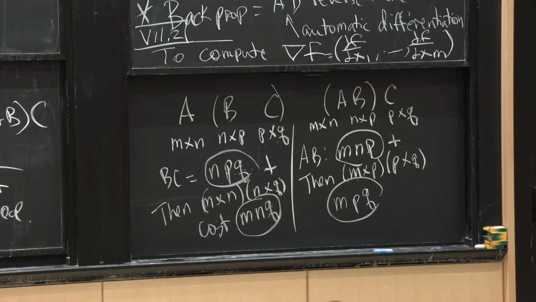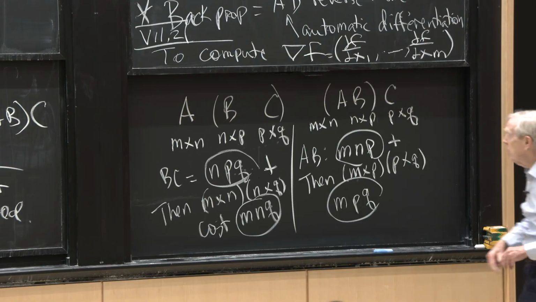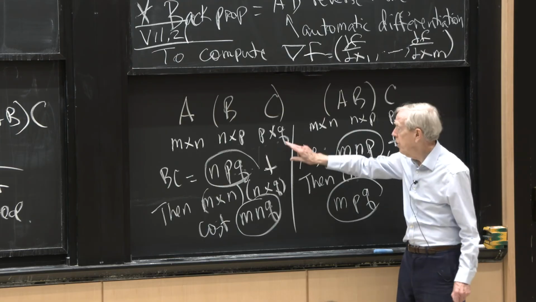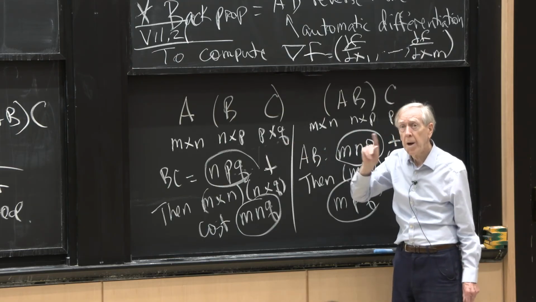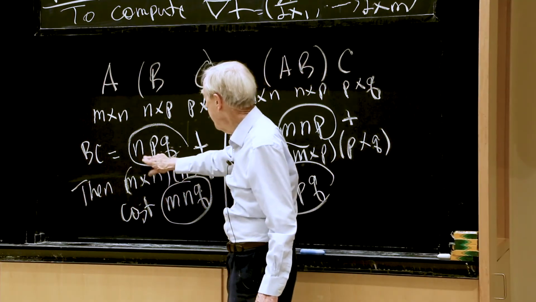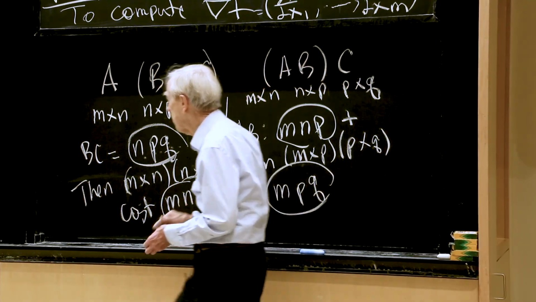And they're different. Let's just recognize the most important example. Suppose C is a column vector, C for column vector. So Q is 1. There's only one column. So specialize to that.